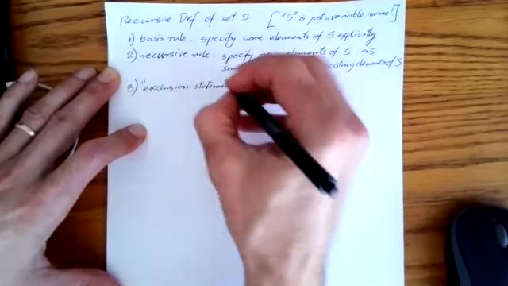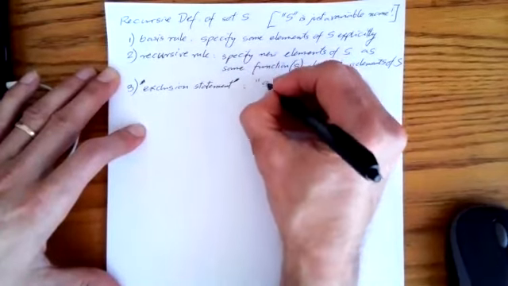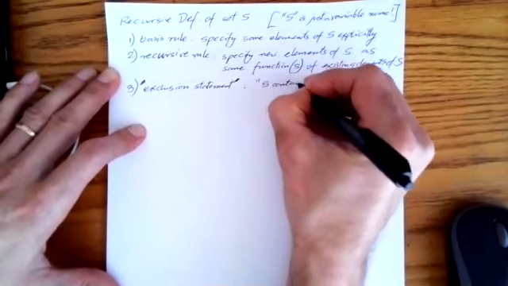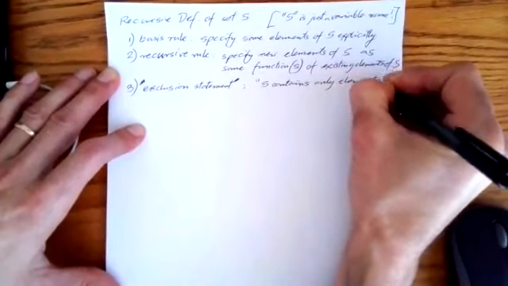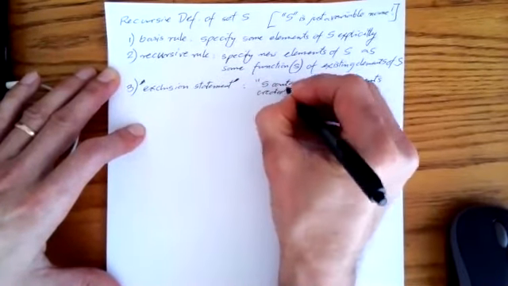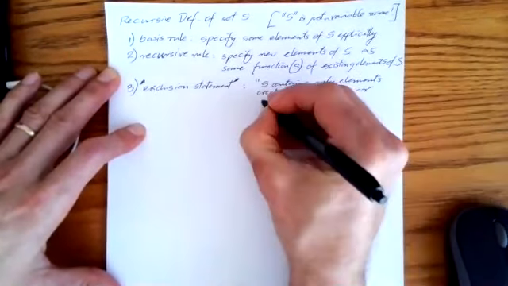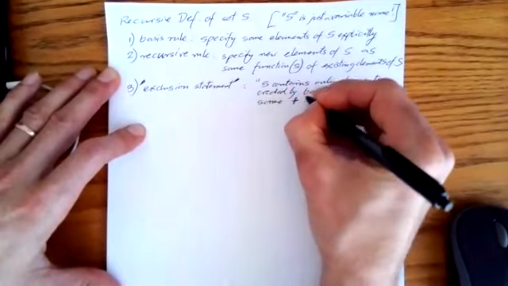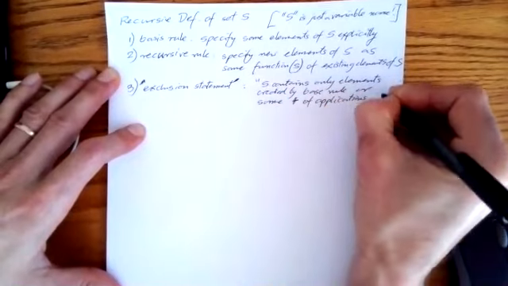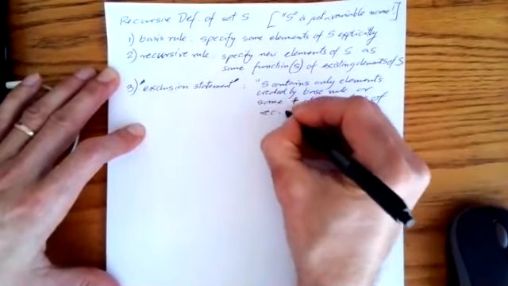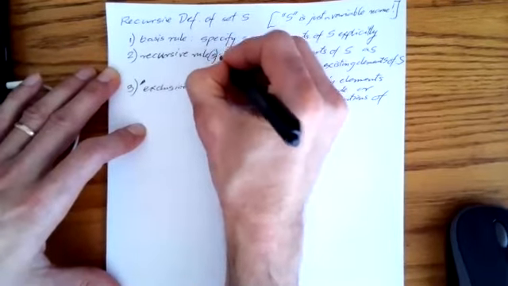This exclusion statement says always the same thing: S contains only elements created by the base rule or some number of applications of the recursive rule, or its rules, because in fact these are rules.